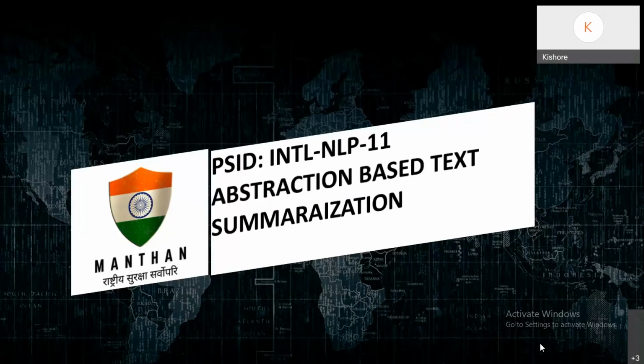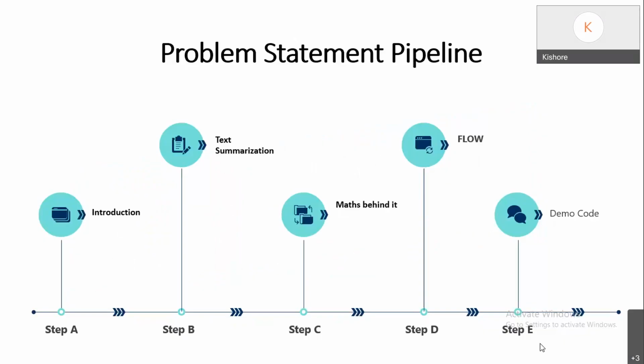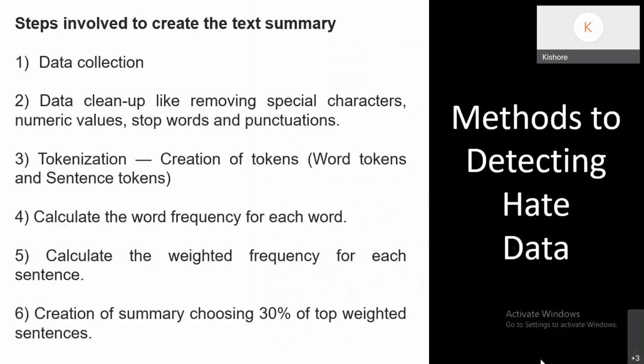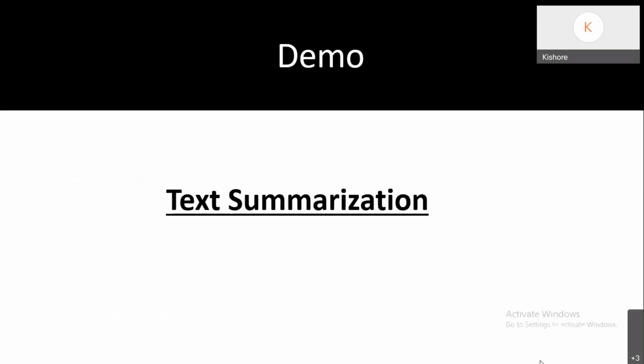Then we saw the steps: data collection, data cleaning, tokenization, word frequency calculation, sentence frequency calculation, which means weighted frequency of sentence calculation, and then creating a summary by choosing the top 30 percentage of the weighted sentences.